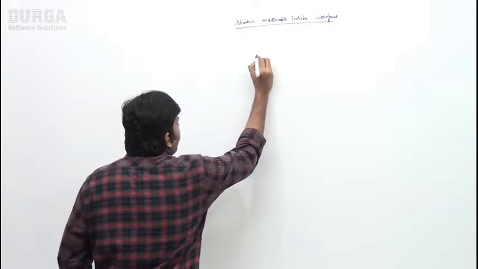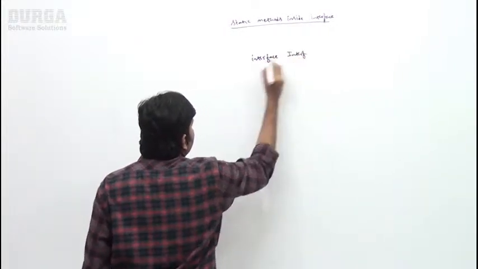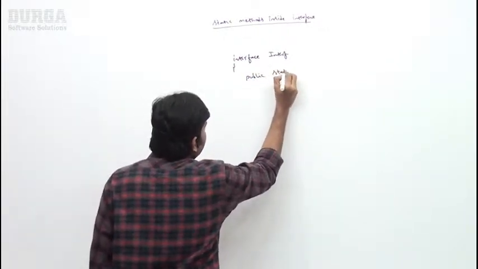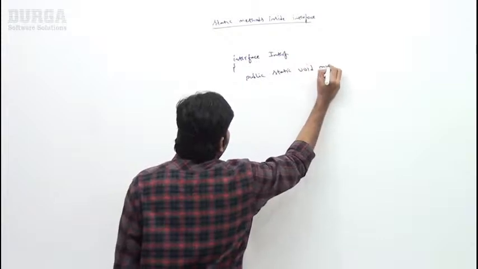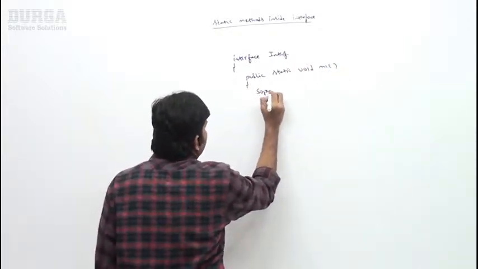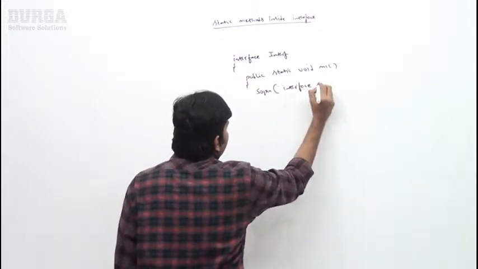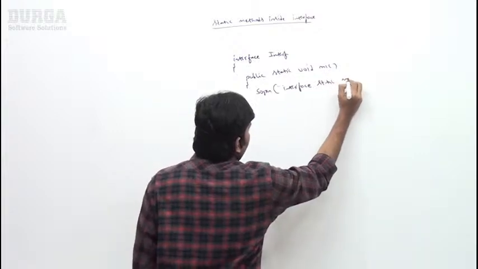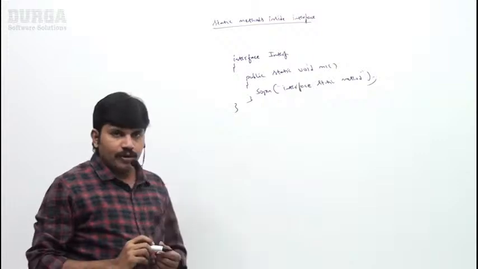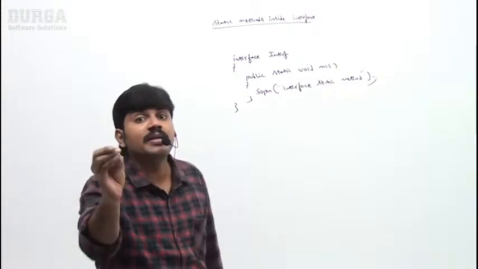Suppose I have one interface, Interf. Within that I am taking public static void m1, with a System.out.println. Like this I'm taking an interface static method. So from version 1.8 onwards, it is just to define general utility methods.